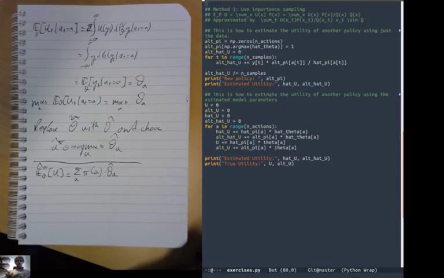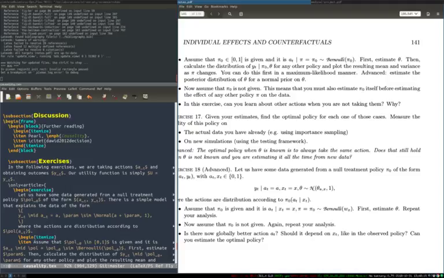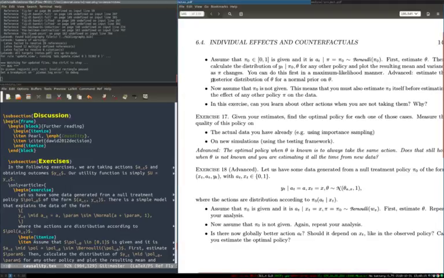Okay. Now if we just briefly go through the remainder of this exercise, what I'm supposed to be doing.